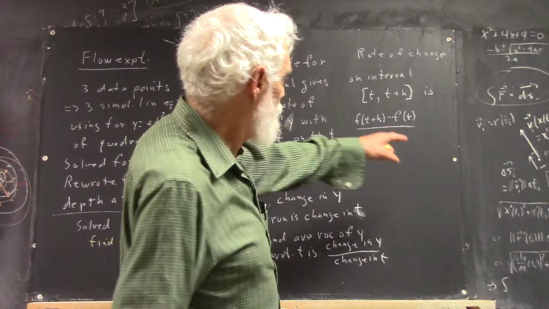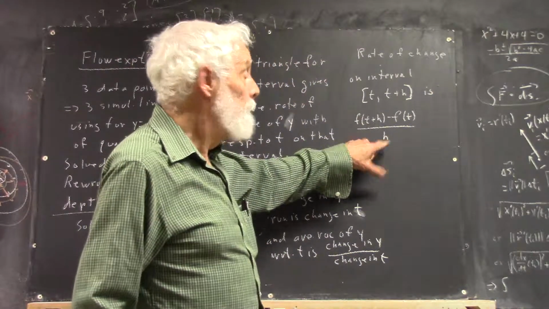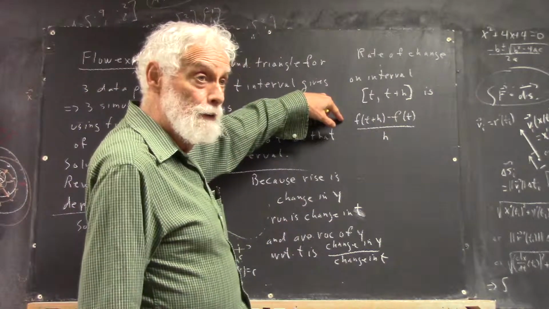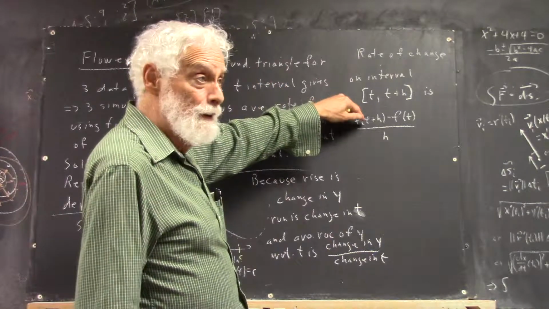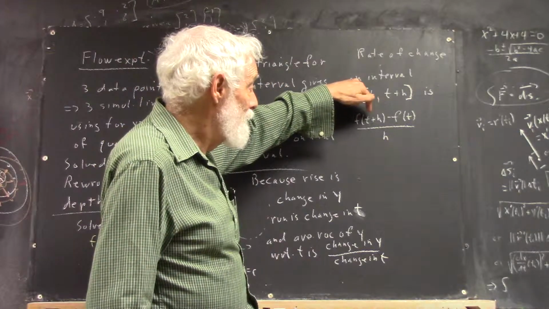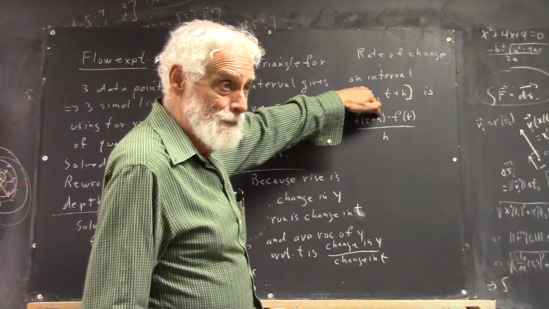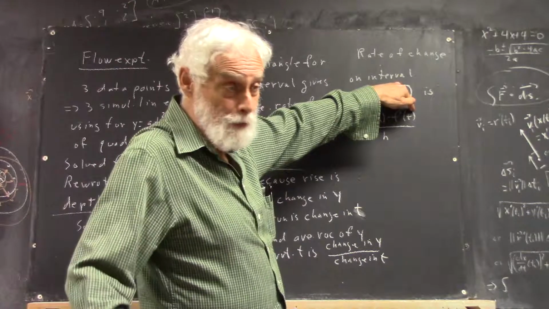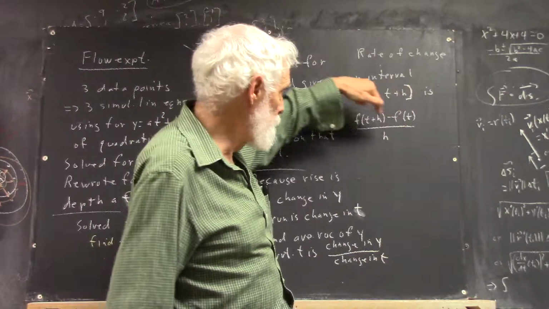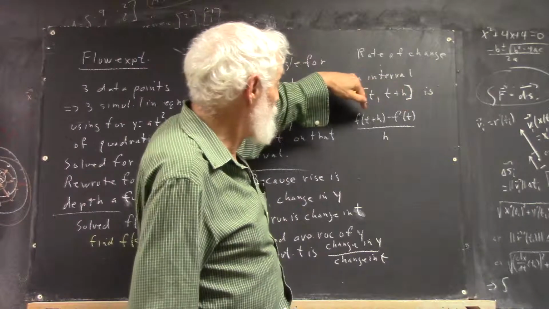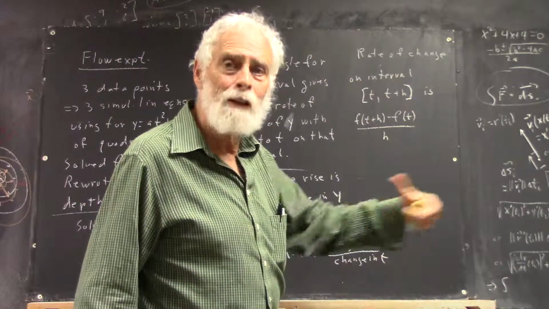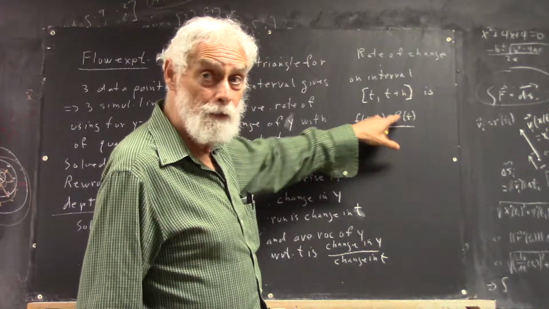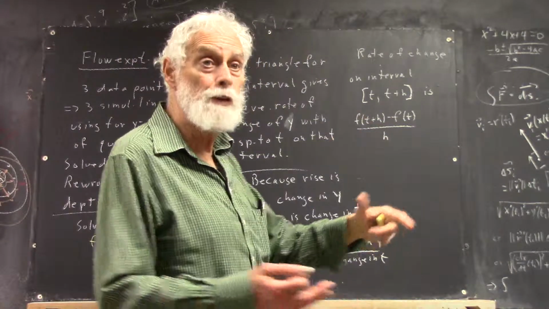It's f of t plus h minus f of t divided by h, because f of t plus h, in this case, would be your depth at t plus h. T plus h is a little later than t. Maybe a lot later. We didn't say h was small, but usually we think of it as small. So t is some time, t plus h is some later time. If we subtract the depth f of t from the depth f of t plus h, that's how much the depth changes.